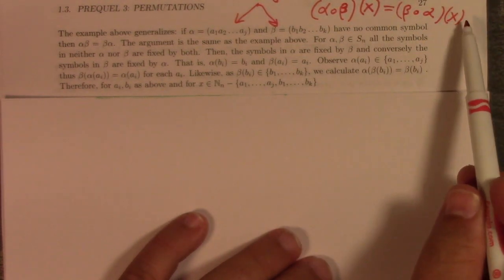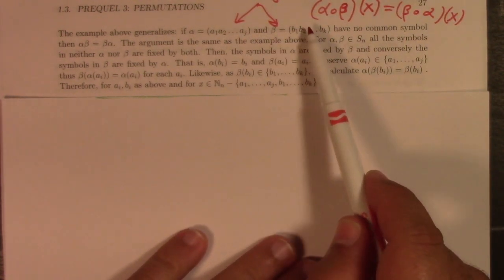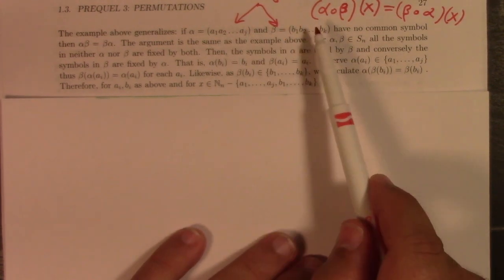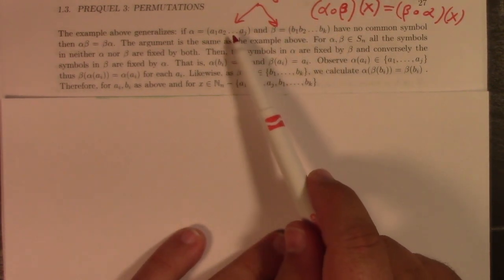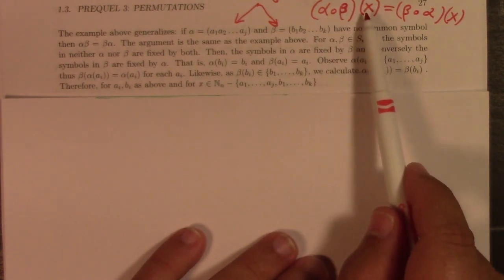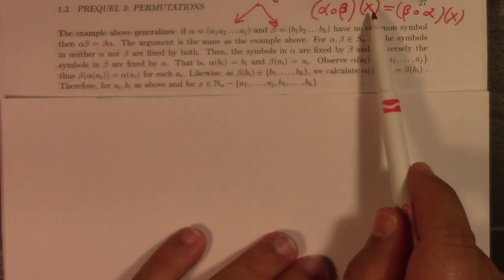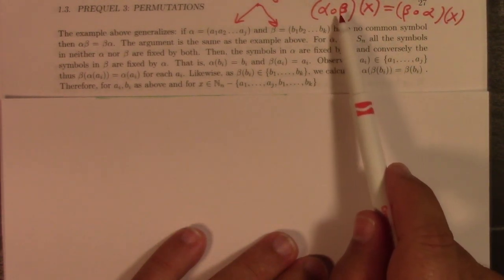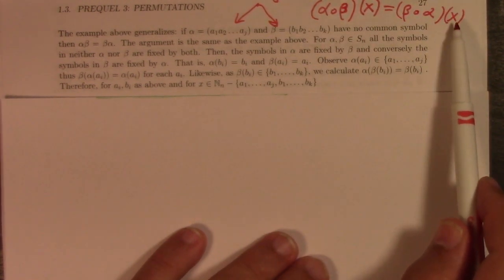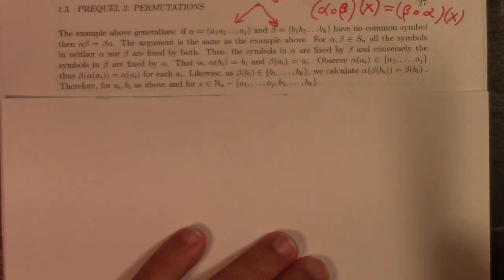So there's three different kinds of x's to think about. There's the x's which are in neither one of these lists. If x is in neither one of these lists, then x is fixed by both alpha and beta, and it follows immediately that both of these are equal, right? Because if beta of x is equal to x and alpha of x is equal to x, then this simplifies to x, and if alpha of x is equal to x, then we get beta of x, which is x, and x equals x, yay.